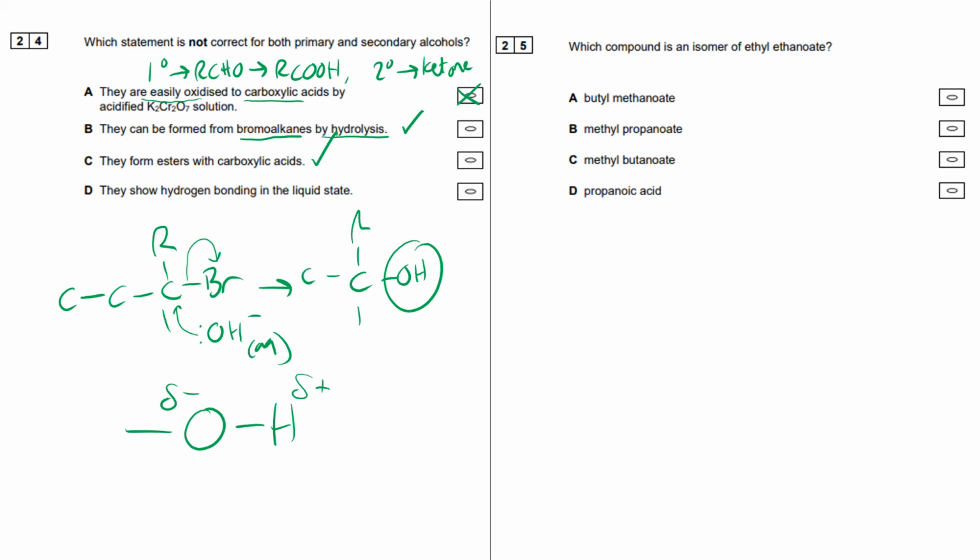And so you will get hydrogen bonds between the delta positive hydrogen on one alcohol and the delta negative oxygen lone pair in another alcohol. So they both show hydrogen bonding regardless of what type of alcohol it is. So again, statement A is incorrect.